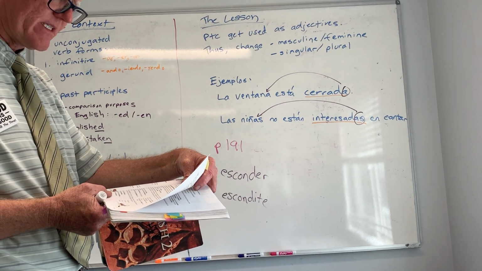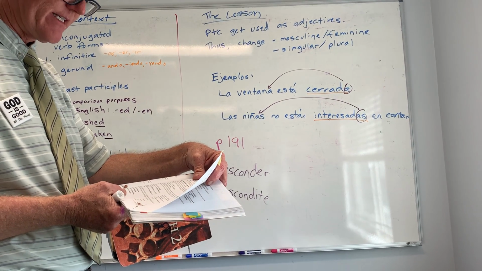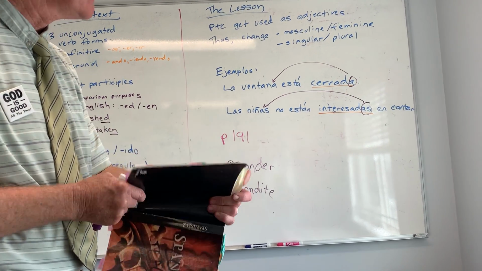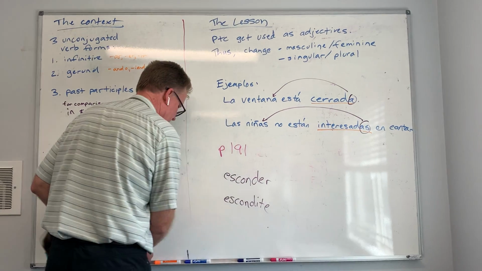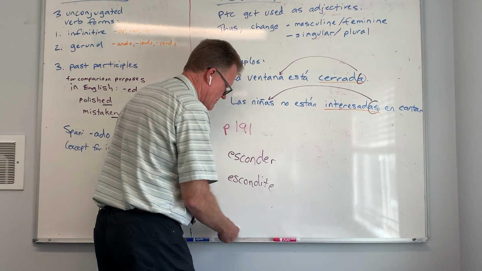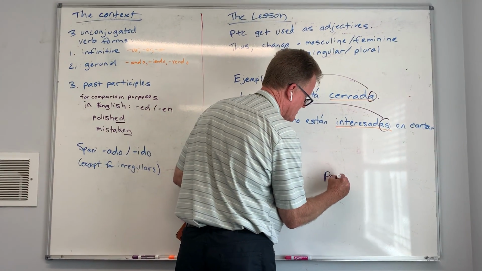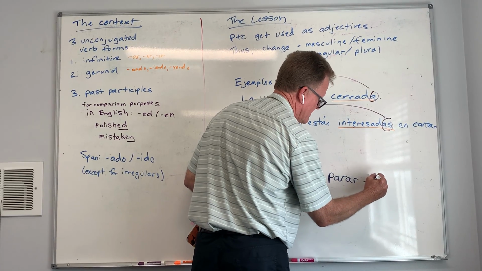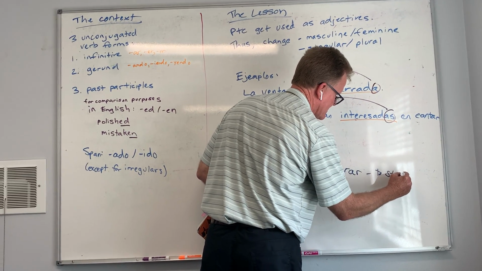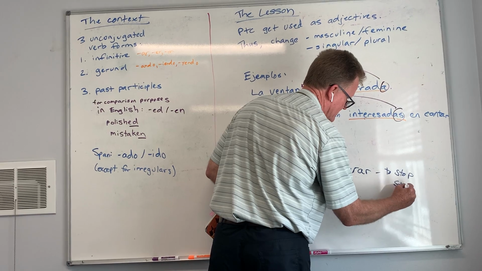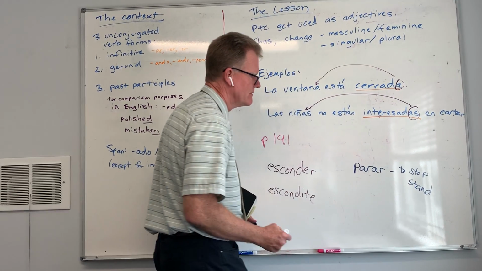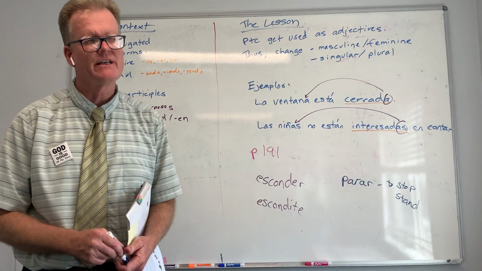And last one, el pastor está parado. The pastor is standing. Parar. I taught you that parar means to stop. Okay? It also means to stand. I know, right? Confusing. Usually they don't say that.